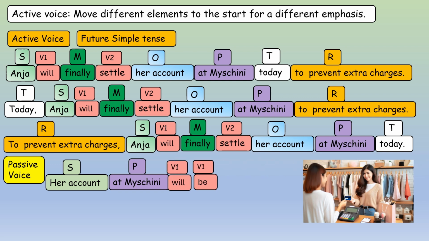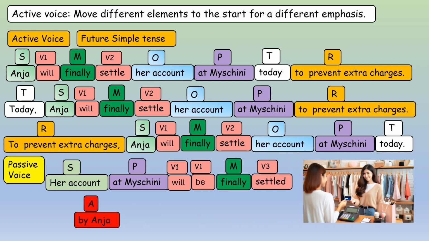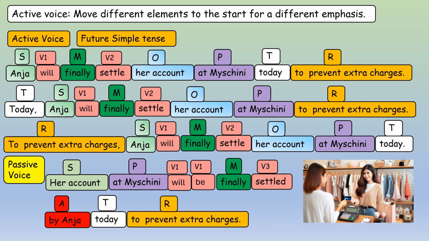So her account at Mashini will be finally settled by Anya today to prevent extra charges. And that is our passive sentence. Now notice that we put the adverb of manner before the past participle of the sentence. So that will be repeated in following slides too.